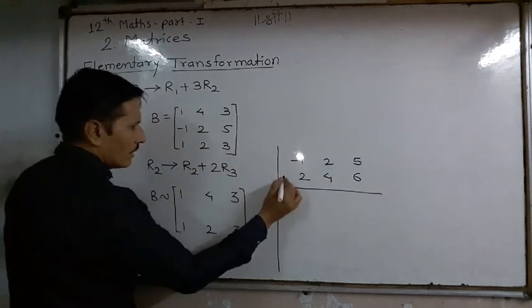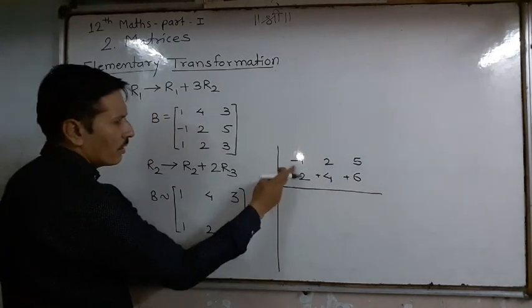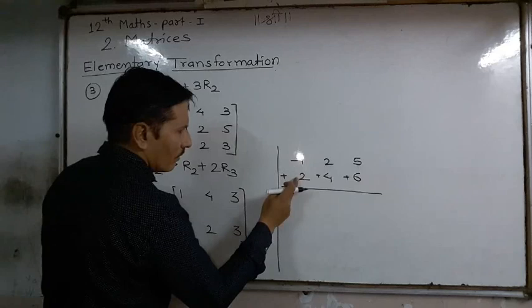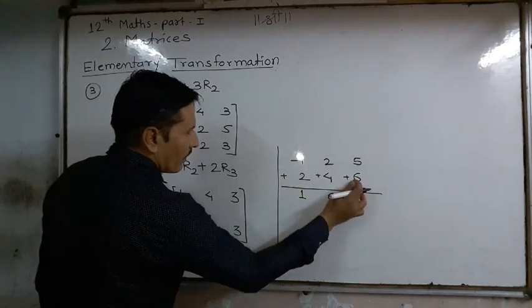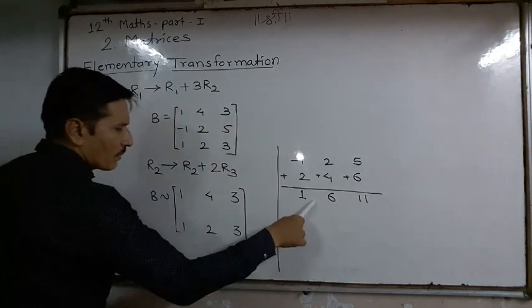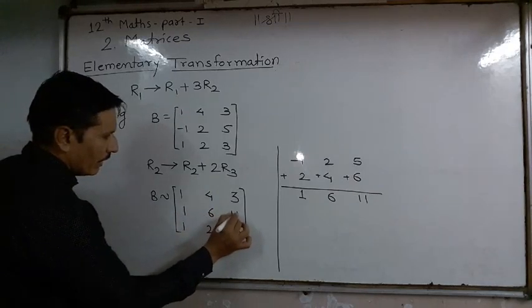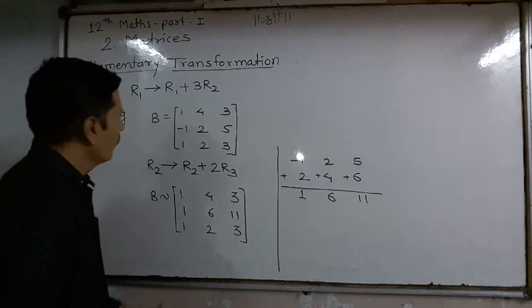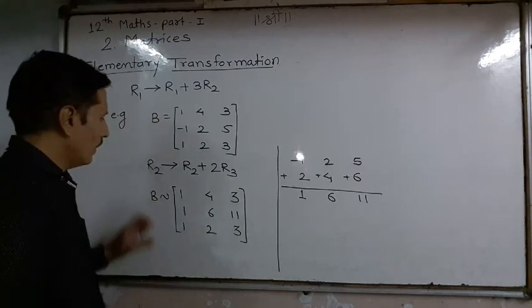And here is the addition, therefore add all these elements. So the addition of these two: minus 1 plus 2, 1. 2 plus 4, 6. 6 plus 5, 11. So these are the elements of the second row, 1, 6, 11. In this way, we can write the elements of the second row.